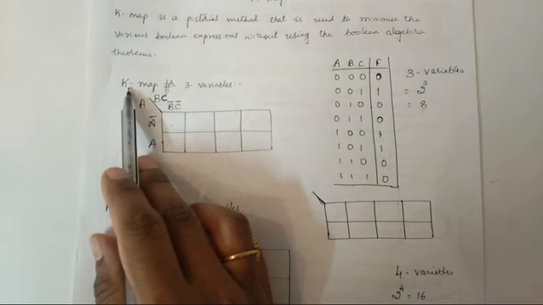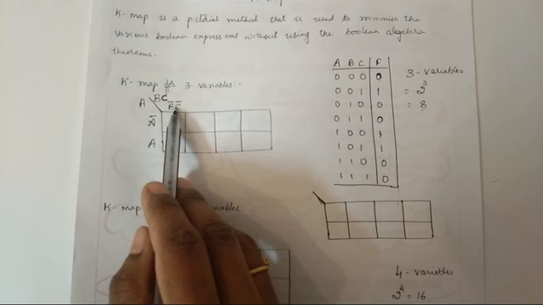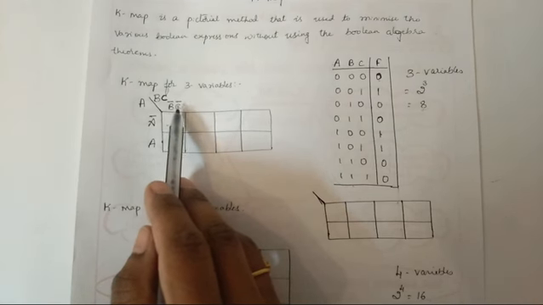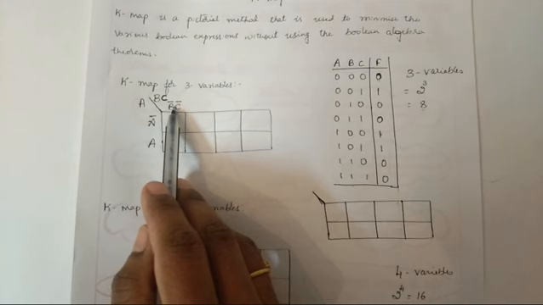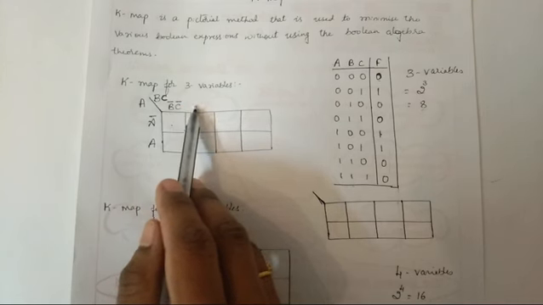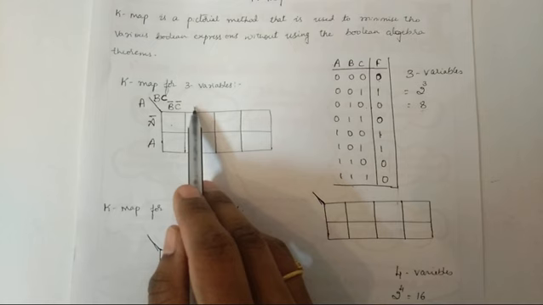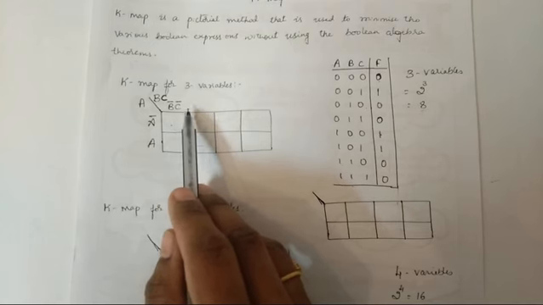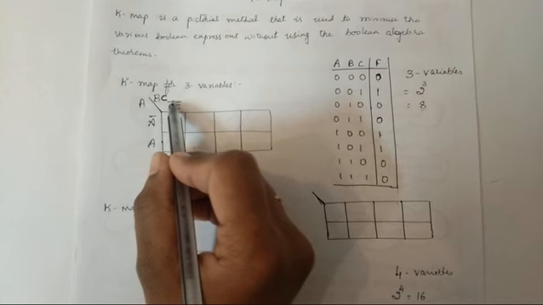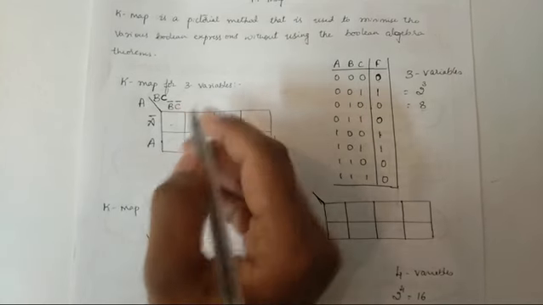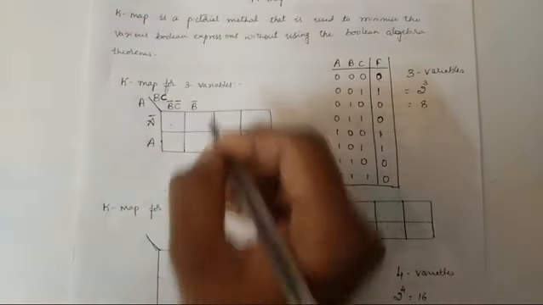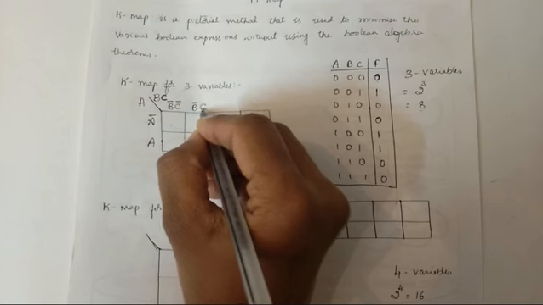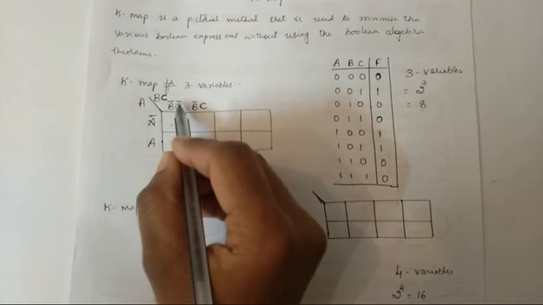What he suggested was that there must be only one change, one variable must change between the successive blocks. So we will write B bar as it is.